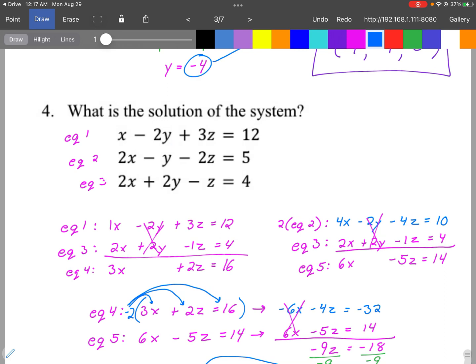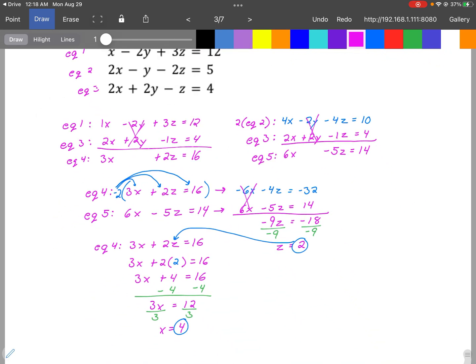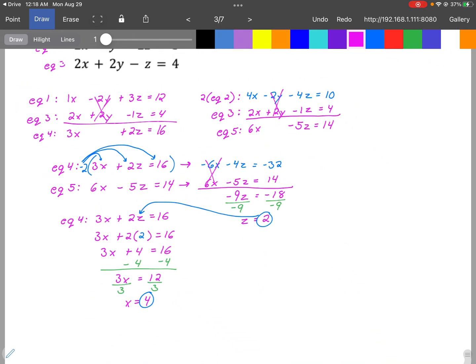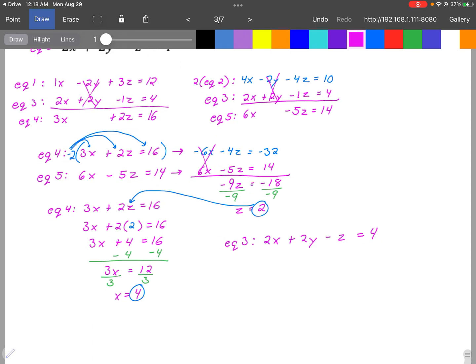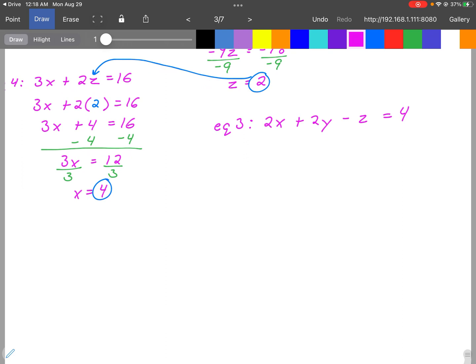So this probably looks like our best bet. It's the only equation that has a positive y term. So we're going to copy down our equation 3, and then fill into it. Equation 3 was 2x plus 2y minus z equals 4.